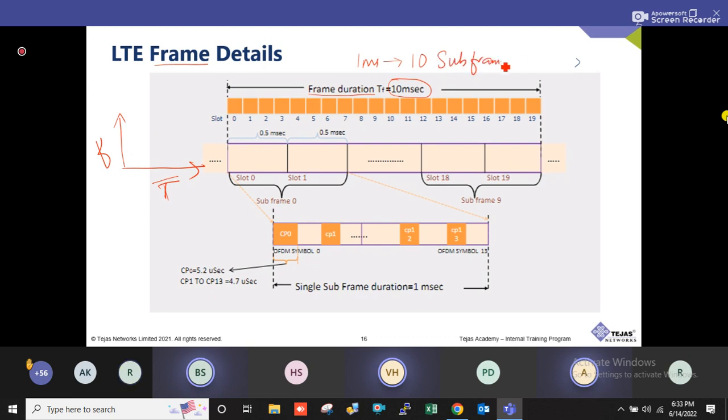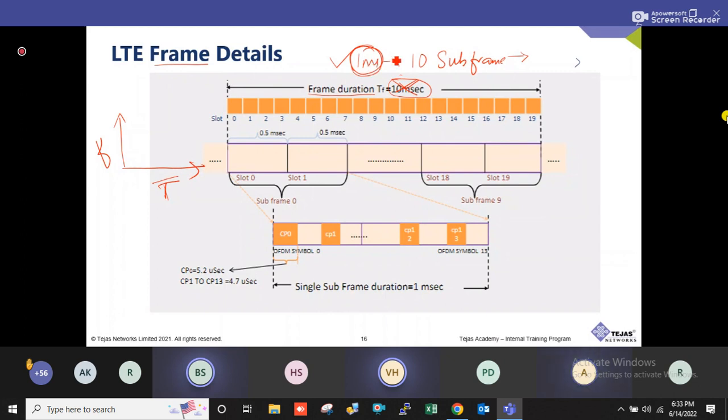And remember this, this is very important. A UE gets scheduled in an LTE network based on this time, not on this time. It is not on 10 millisecond, it is based on 1 millisecond. A UE will get a message, data or control information purely based on the order of 1 millisecond. Please remember this is very important.